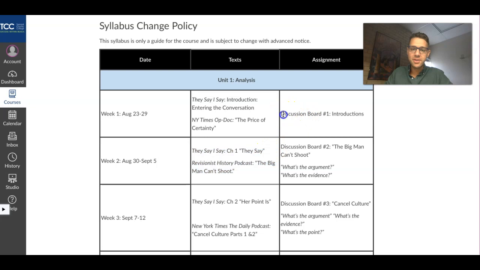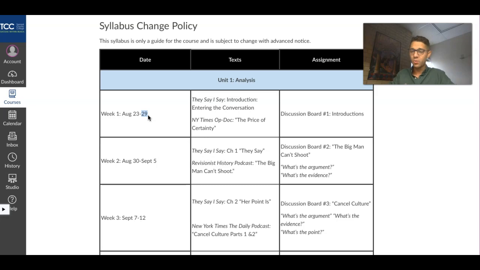So all the assignments that you're going to see right here, whether it's discussion board 1, introductions, or for week 2, discussion board 2, all those things that are in the assignments page, are due on the last day of the unit at 11:59 p.m. Okay?